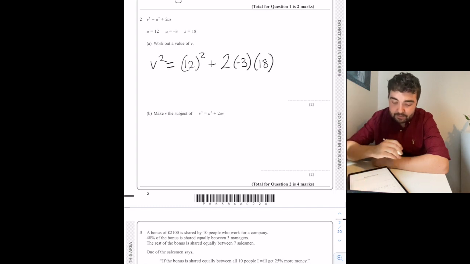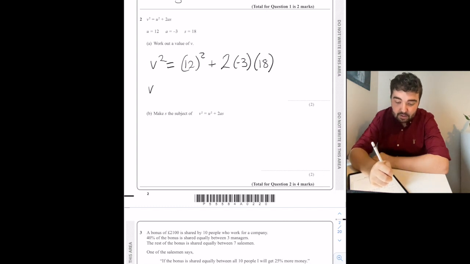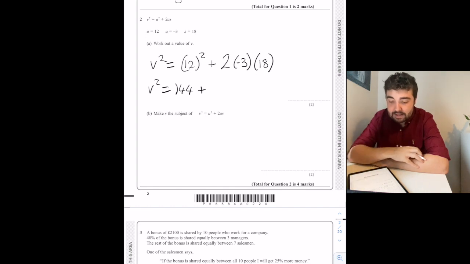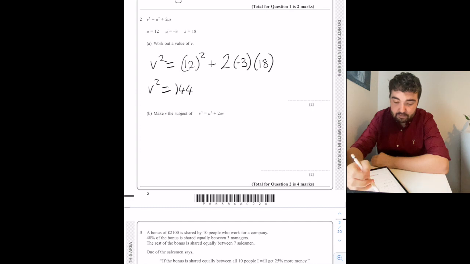Times 18. Then just expand all those brackets out. So v squared equals 12 squared, 144, plus 2 times minus 3, which is minus 6, times 18. So 6 times 18 is 108, so it's going to be minus 108. If I just get rid of that plus, minus 108.